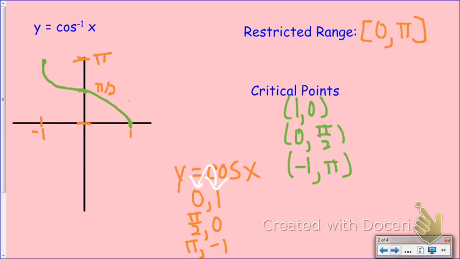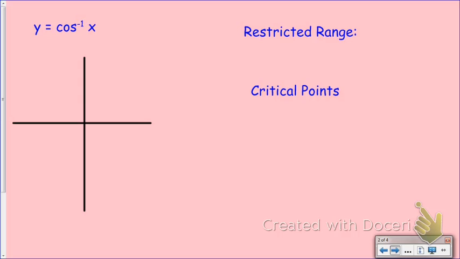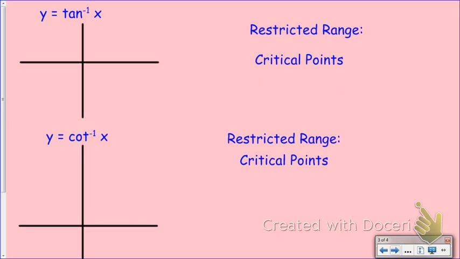All right, the next two we're going to look at are going to be tangent and cotangent. So again, we're going to start with our restricted range. Our restricted range for tangent is actually going to be from negative pi over 2 to pi over 2.